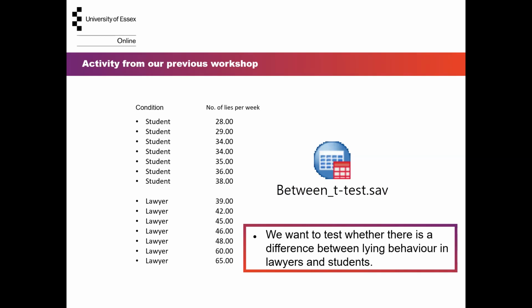So what we want to test is whether there is a difference between lying behavior in lawyers and students. So when you think about it, we have our two categorical groups, the students and the lawyers, and we want to see if there is a difference in these two means.